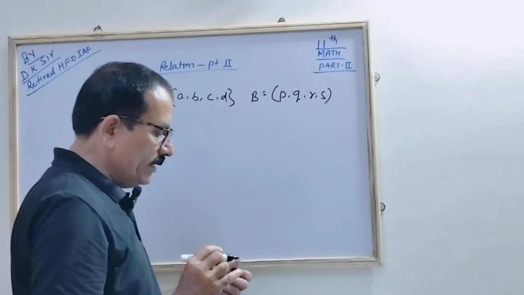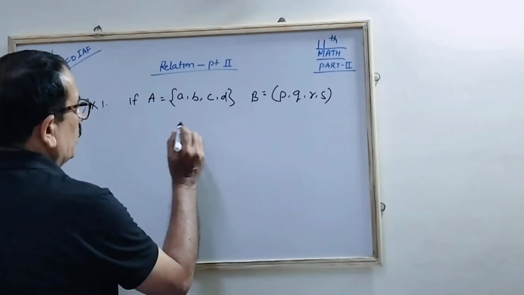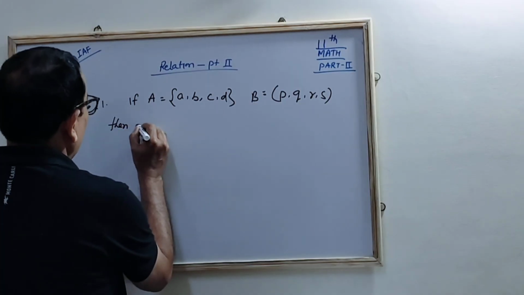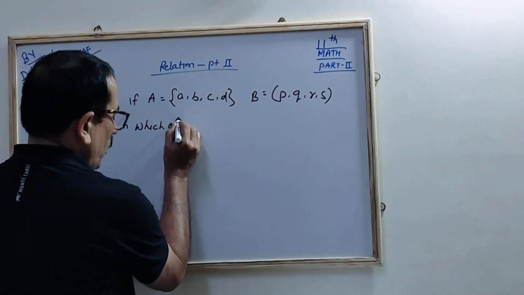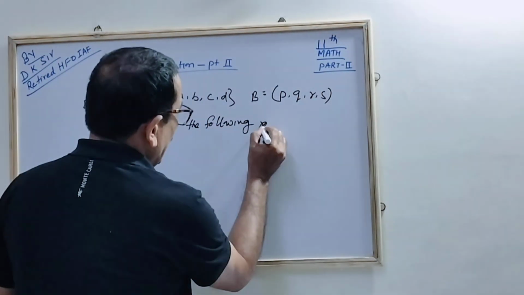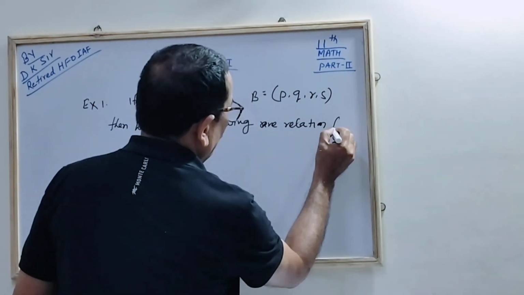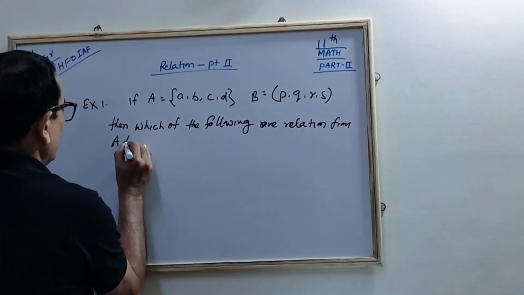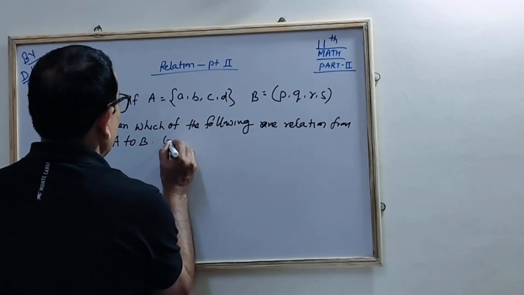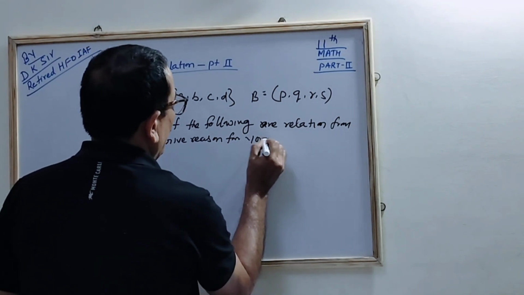Then which of the following are relations from A to B? Give a reason for your answer.